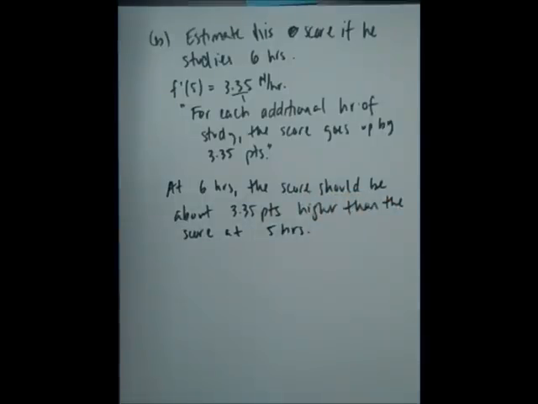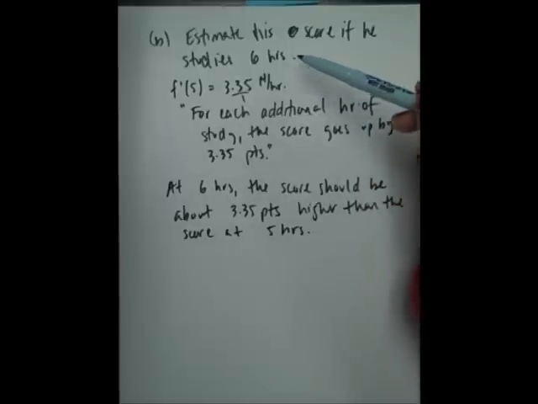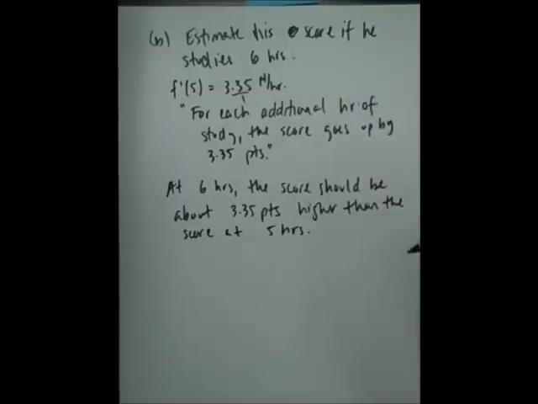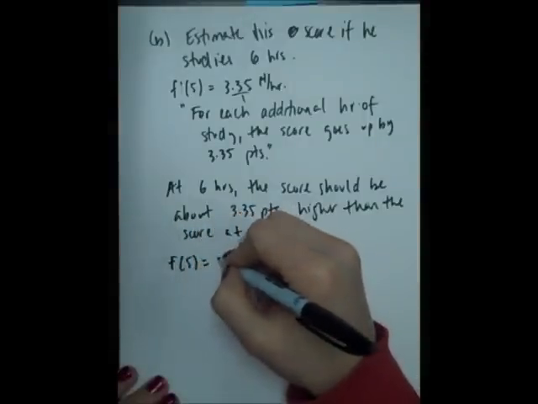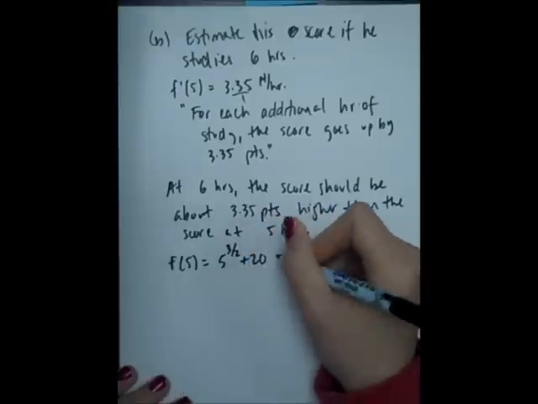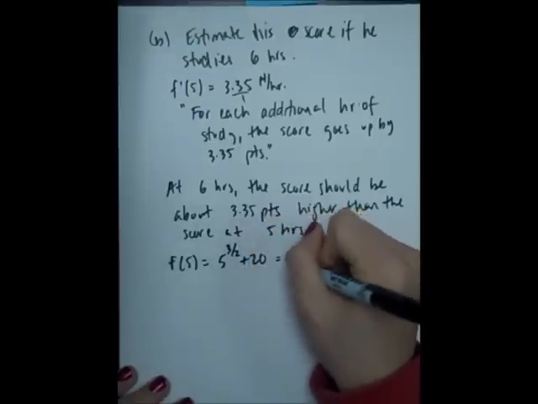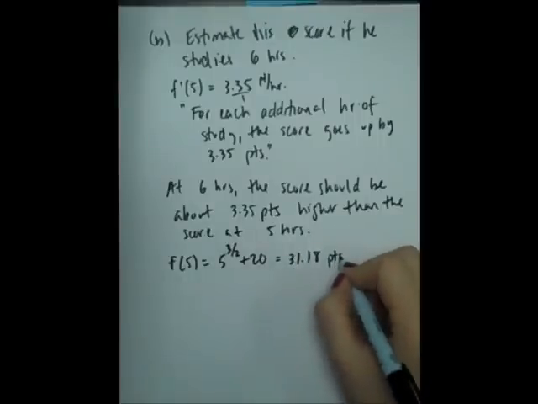Okay, so we're using the idea of the slope of the tangent line to estimate the score at 6 hours by using the score at 5 hours. Well, what is the score at 5 hours? The score at 5 hours would be f of 5, which is 5 to the 3/2 plus 20, which is 31.18. So we know that if he studies 5 hours, he's only going to get a 31.18 in terms of his points.